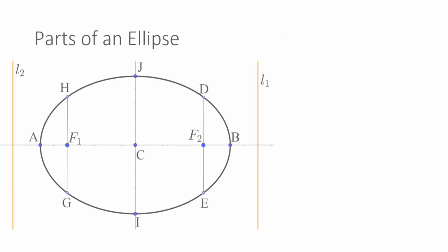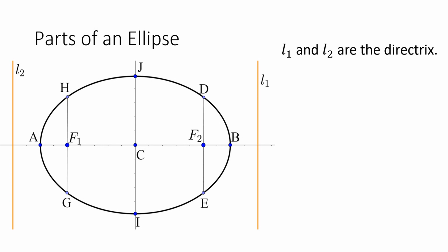Now, let's look at the parts of the ellipse. As you can see here, we have 2 directrices, line 1 and line 2. The segment AB is our major axis.